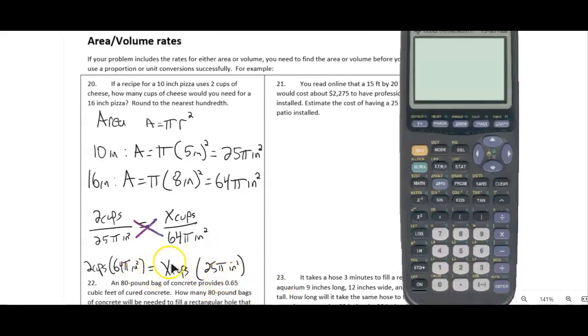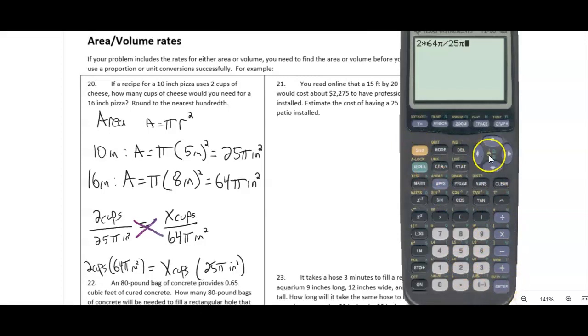What we need to do to solve for x is divide by this 25 pi, and let's see what we get. So we have 2 times 64, and there's a pi button on your calculator. Divide by 25 and the pi button on your calculator.